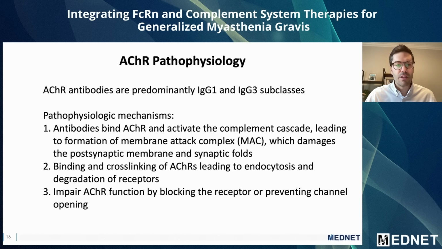Another way that it causes disease is by binding and cross-linking of AChRs, leading to endocytosis and degradation of the receptors. It can also impair AChR function by blocking the receptor physically, or more physiologically, preventing the channel opening and further propagation of the signals.